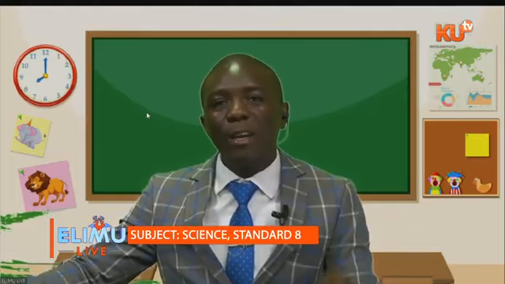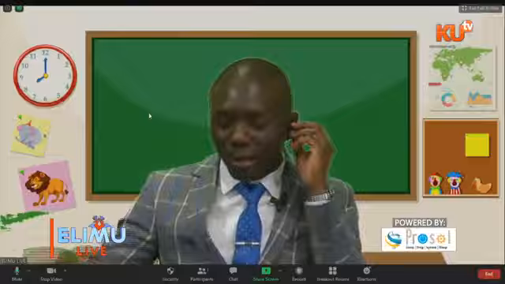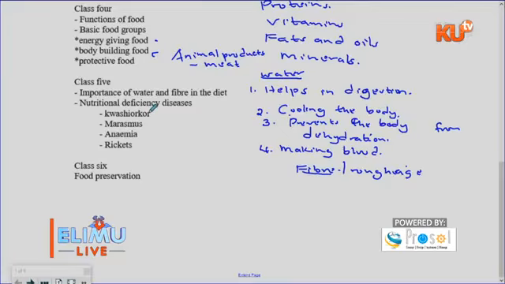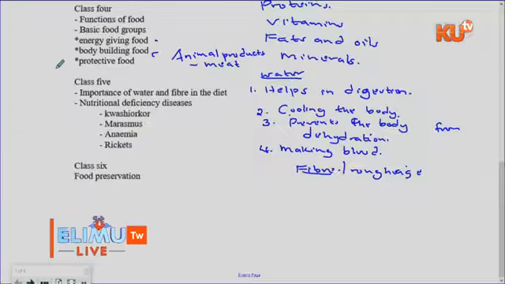In marasmus, again, primary science class 5 says the child cries a lot. So crying a lot and alert eyes are both signs and symptoms of marasmus and kwashiorkor. With marasmus, the child or baby appears to be emaciated or looks like an old person. In marasmus, the child cries a lot.